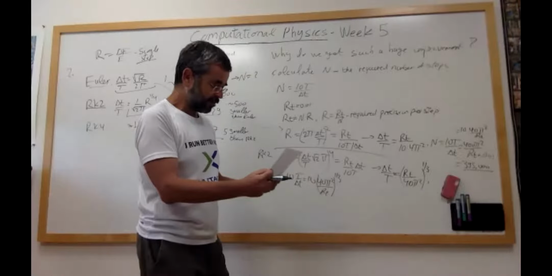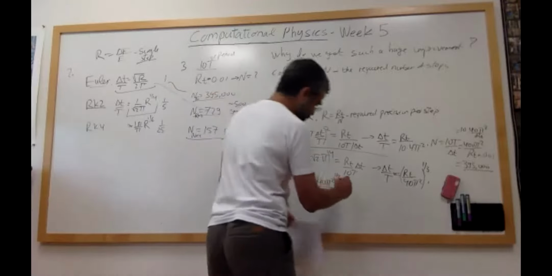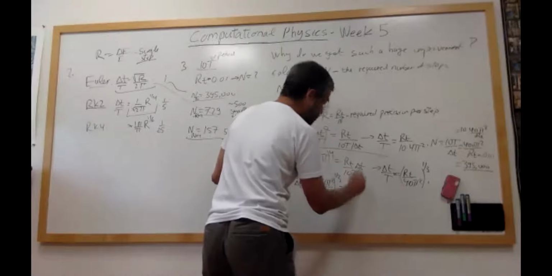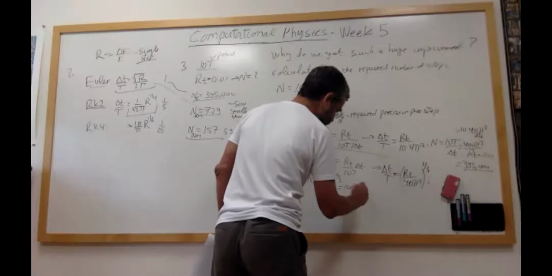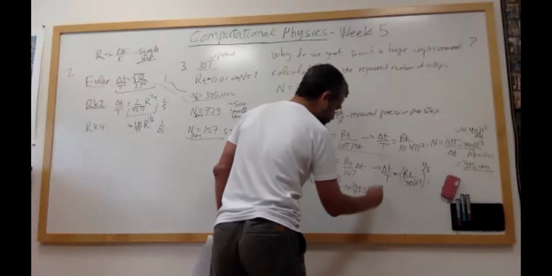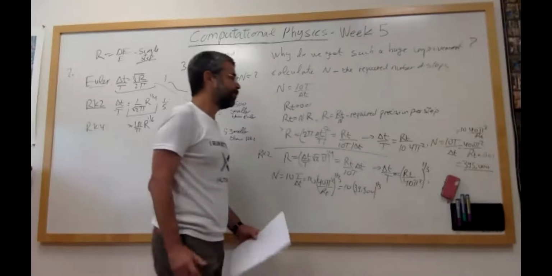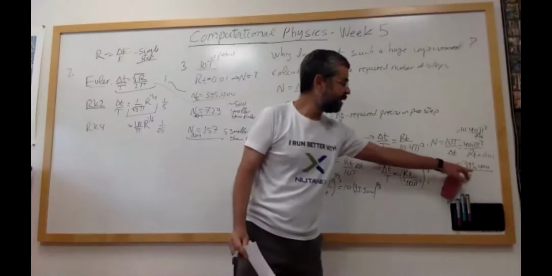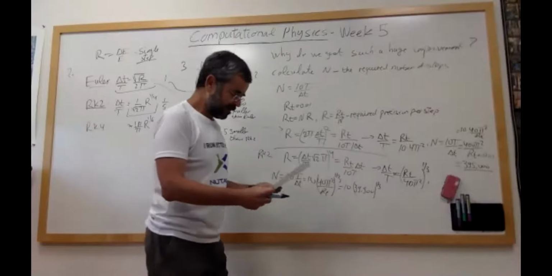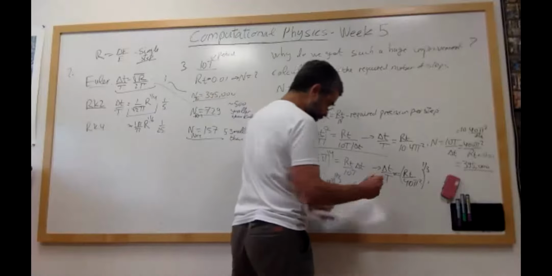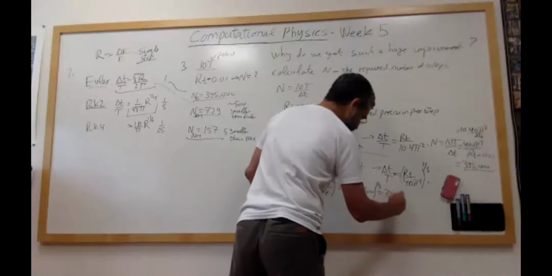So that comes out to be 10 times 39,500 to the power of 1/3. So here it was linear with this number. Here it is to the power of 1/3. So it comes out to be 729.